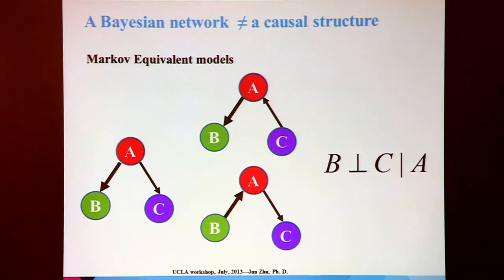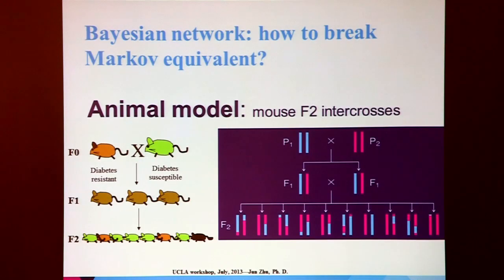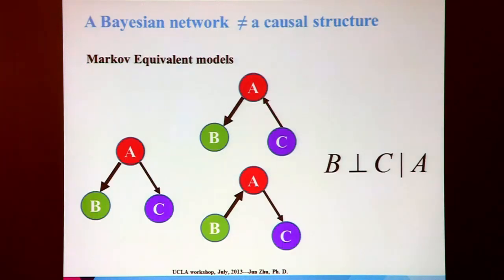You want to get a causal structure, and you may get one, but actually it's not causal because you cannot distinguish all these edges. It still ends up the same as an undirected graph. So in general, this Bayesian network, even though it is a directed graph, doesn't mean it's a causal graph.